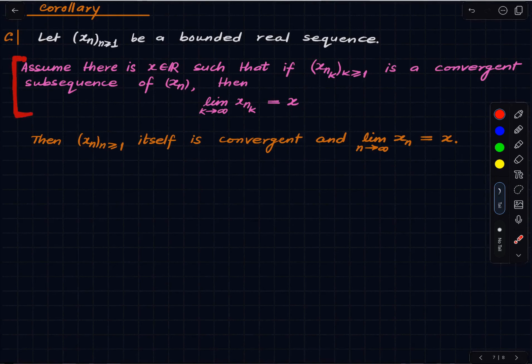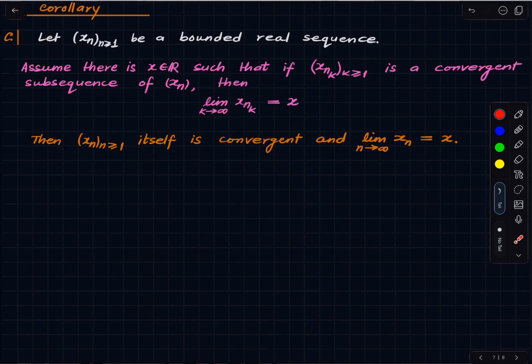This just says that the only subsequential limit is x. If the only subsequential limit is x, then lim inf and lim sup must be equal and should be equal to x by the previous lemma. But if the lim sup and lim inf are equal and equal to x, then the sequence is convergent and the limit is x.